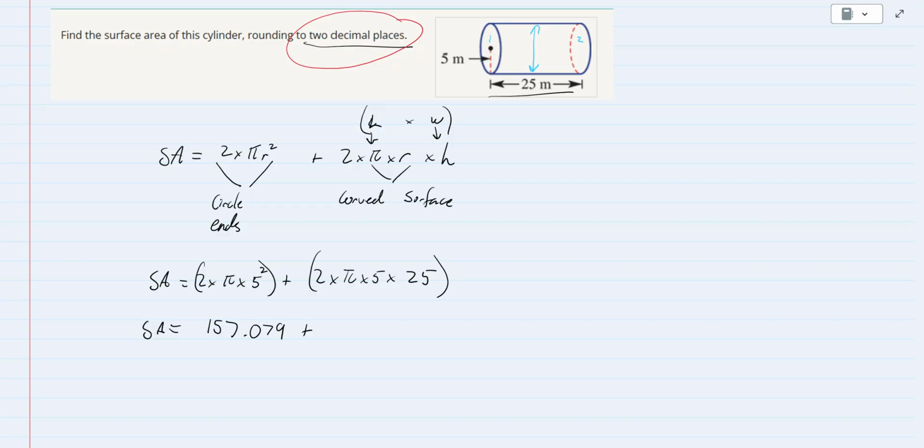And the curved surface area is 2 times pi times 5 times 25, which is 785.398. Okay, add the two together.